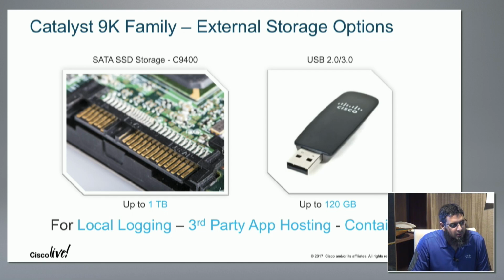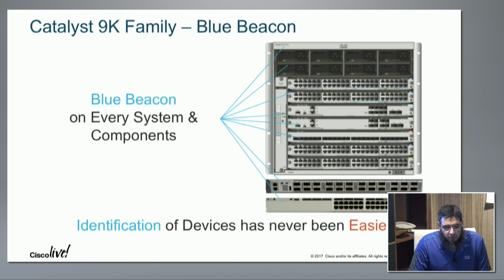Now, we have also looked at how we can make the Catalyst 9K operations much easier for our customers. So we are introducing a few cool things here. The first one is a blue beacon. If you're familiar with the data center products, you probably know what blue beacon is.